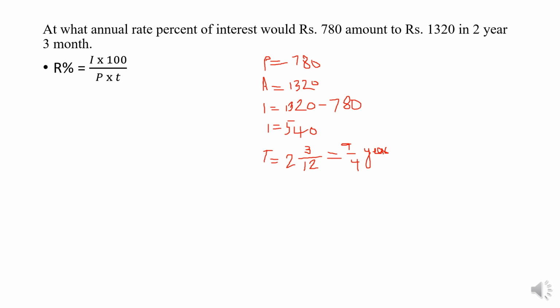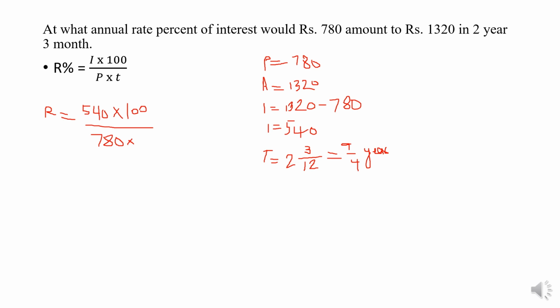Now we simply put all these values in the formula where R equals 540, which is I, our simple interest, into 100 divided by P into T. So P is the principal amount, which is 780, and T is time, which is 9 by 4.